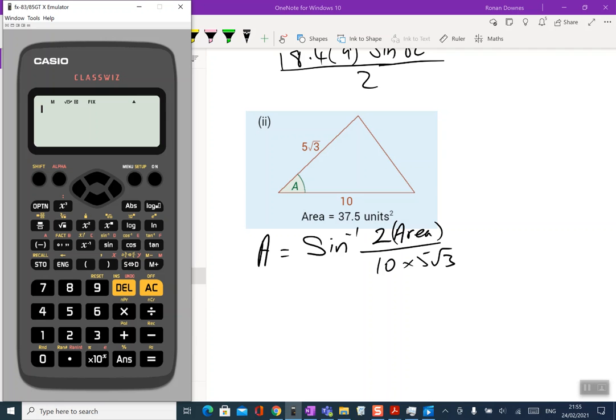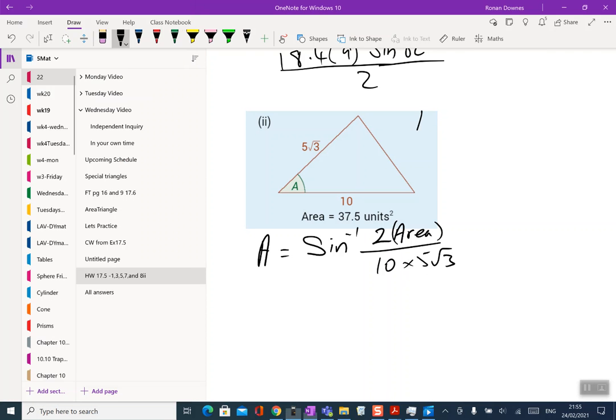So we did a general analysis, and we came up with this result, that the angle is equal to the inverse sine of the double area over the product of the legs.